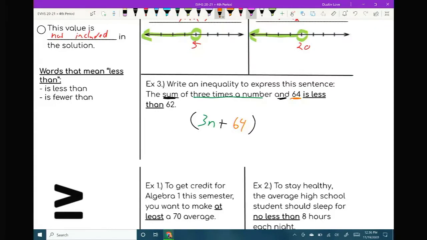Well, now we got to focus on all this, the is less than. That's going to just be our less than symbol. And then, of course, that 62 is just going to be 62. Now, in this particular case, those parentheses ended up being unnecessary, so we can go ahead and erase those. But in other cases, they actually are necessary when there's a distribution that has to happen.